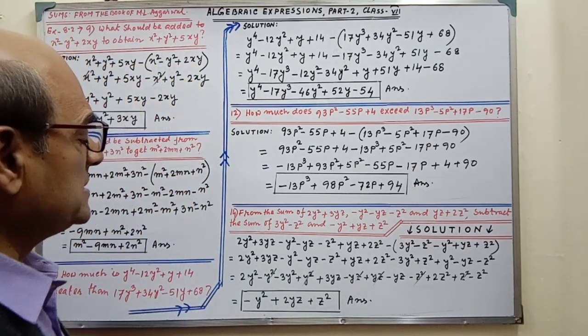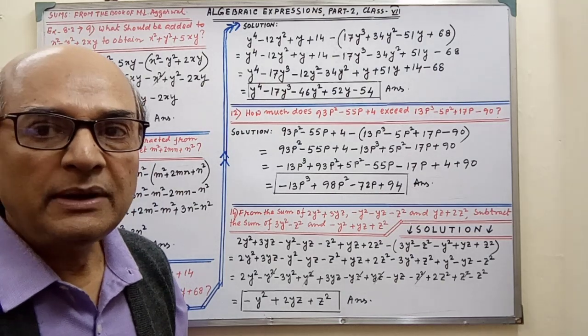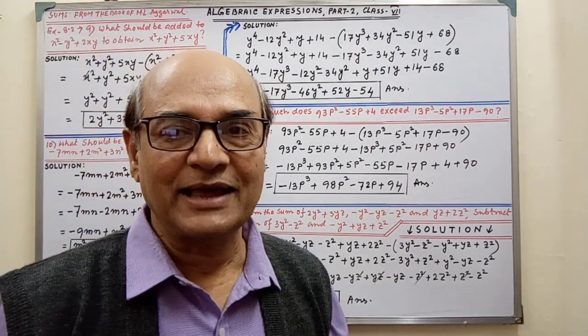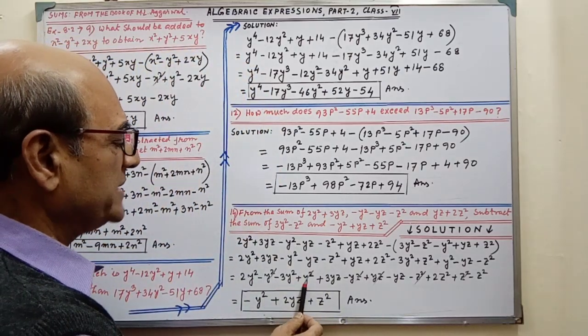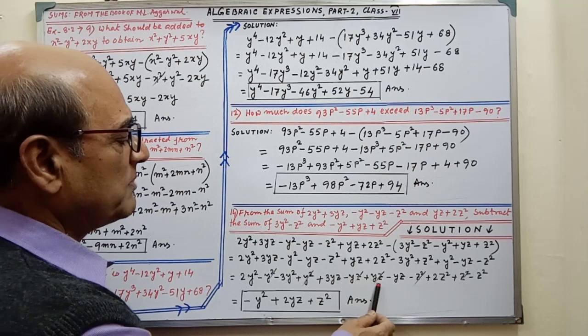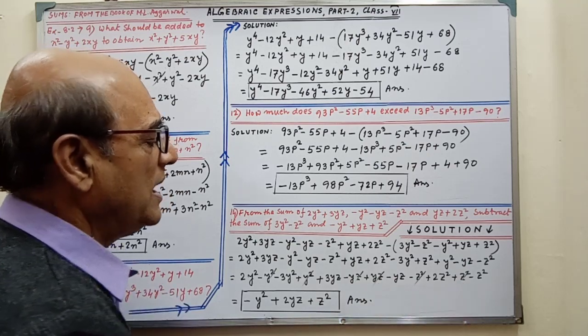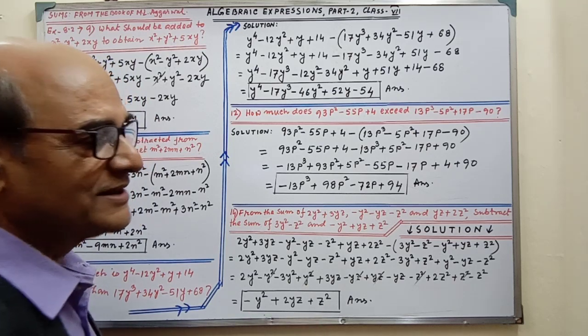In simplification, you will notice what terms will be cancelled. After cancellation, if you proceed, then calculation will be easier. Here minus y square plus y square cancel, minus yz plus yz cancel, minus z square plus z square cancel. After cancellation, finally we are getting the answer.